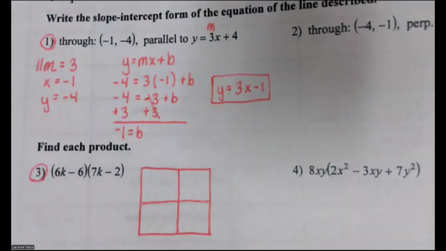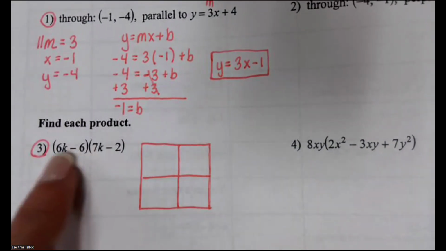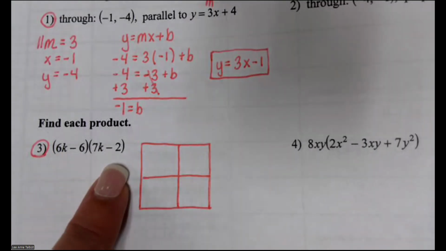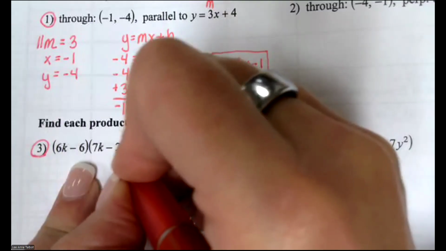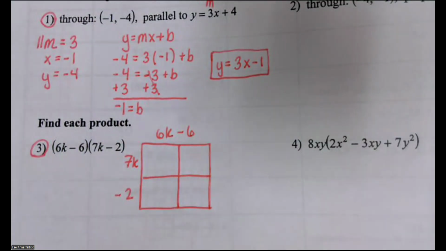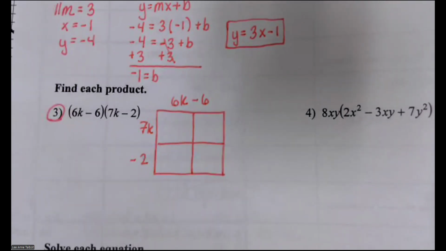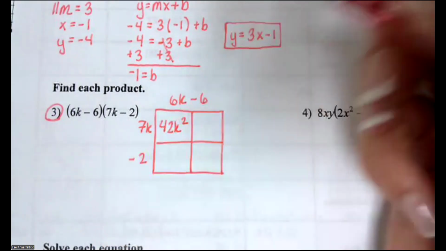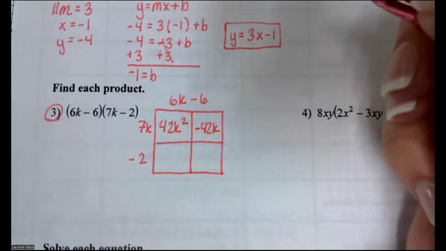All right, so number 3 is multiplication, and you can tell because it says the word product, but also because the parentheses are right next to each other. So I'm going to make a box. 42k squared, -42k.